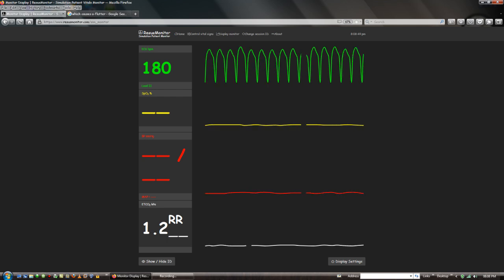And that is still pulseless ventricular tachycardia, and that means that the patient is not yet alive, and the patient is not breathing, and the patient's pulseless ventricular tachycardia is showing on the monitor.